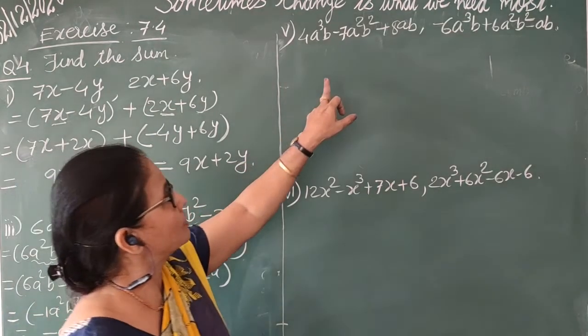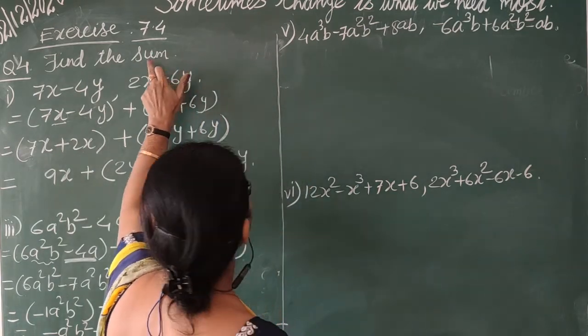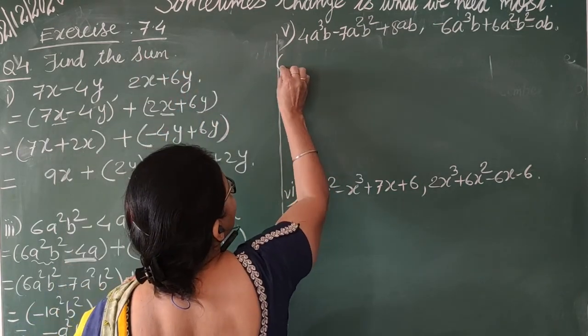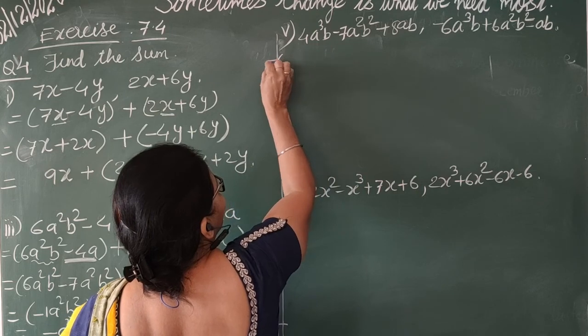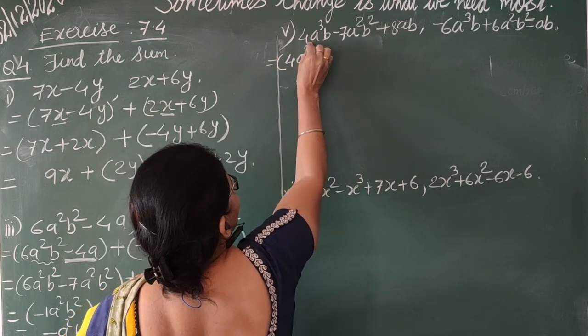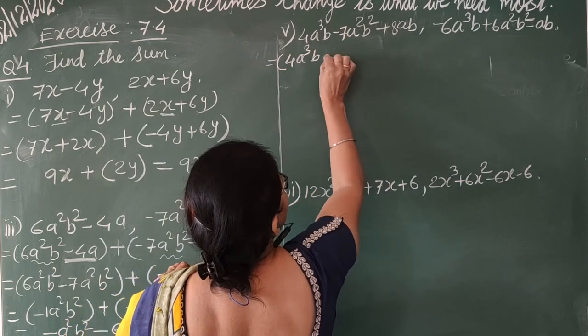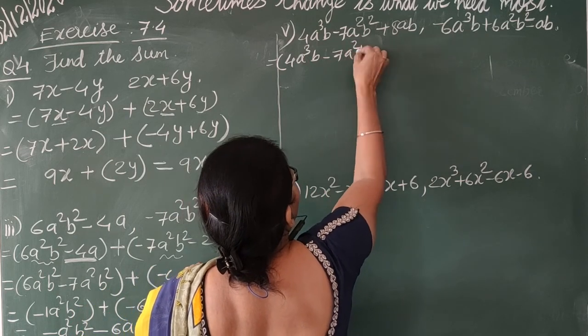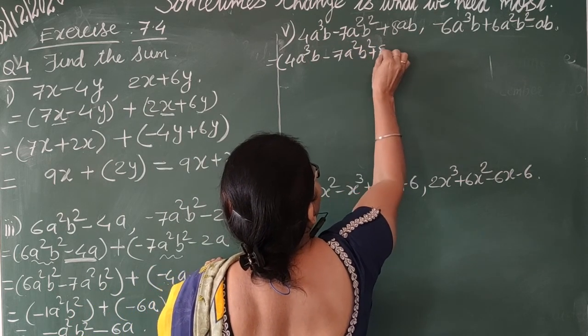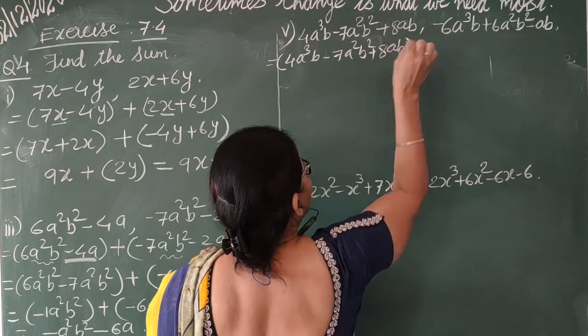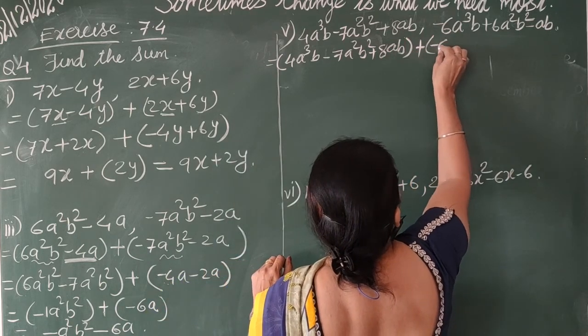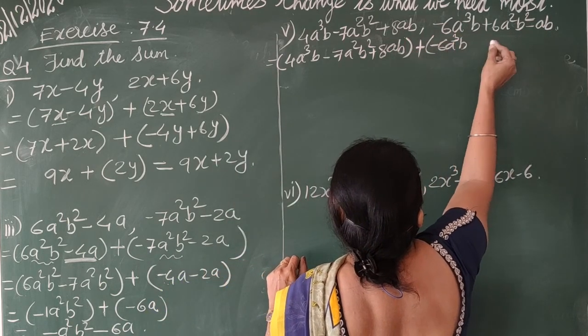Now see, this is the 5th example. Again the heading is same, find the sum. So first again you write down these two expressions in bracket and take plus sign.